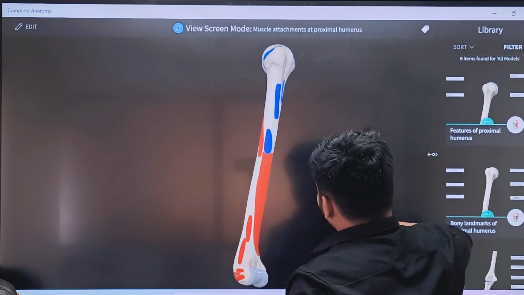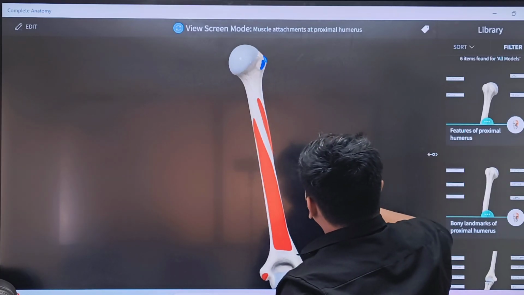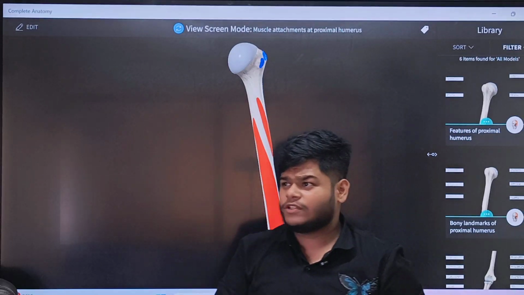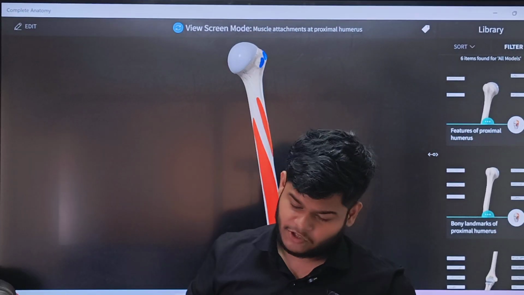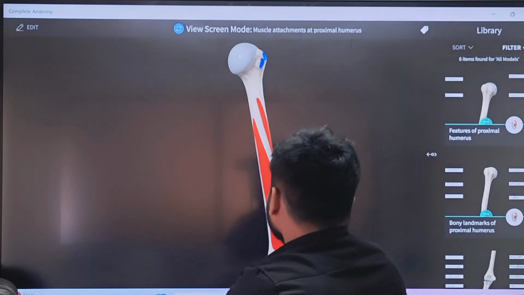Now when we talk about the posterior surface, there are two muscles. As we all know, all the boys and gym members go to the gym. Here is the biceps, here is the triceps.